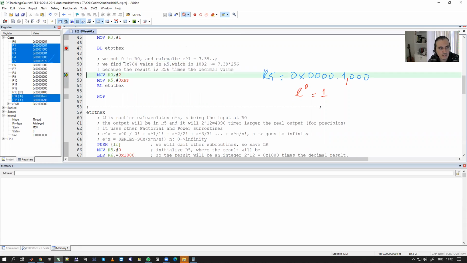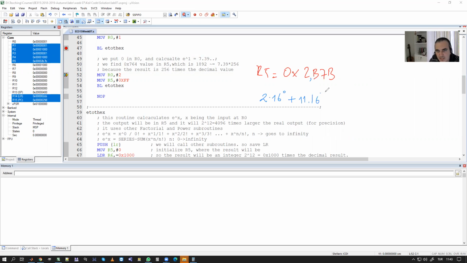I put 1 here. And I've got this value, 2b, 7b. Okay, let's see if it works. So this time, R5 is 2b, 7b. Where the decimal is, this time the decimal is here, guys. So it is 2 times 16 to 0 plus b, which is 11 times 16 to minus 1, plus 7 times 16 to minus 2, plus 11 times 16 to minus 3.